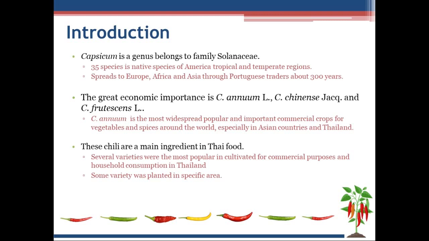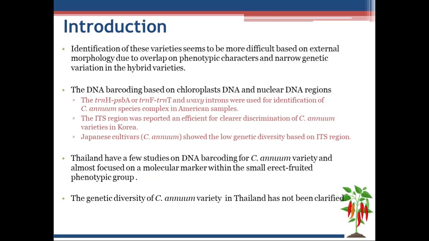Several varieties of Capsicum annuum originated in Thailand, and some varieties were planted in specific areas. It is difficult to identify these varieties based on morphology. DNA barcoding based on chloroplast DNA and nuclear DNA regions was tried to solve this problem.